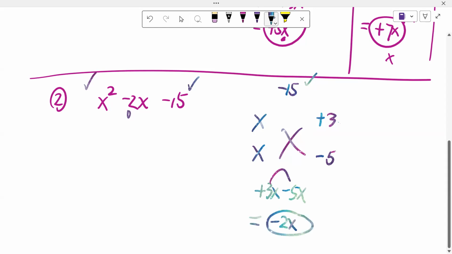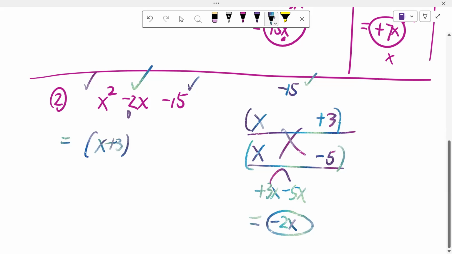I see there also confirmed the middle term. So all three terms are confirmed. So we get a correct factoring, correct combination, right? Put this in the parentheses, put this in the parentheses. So the answer will be x plus 3, x minus 5.